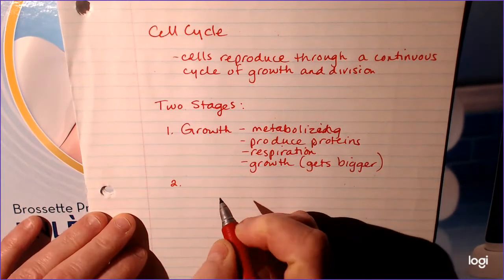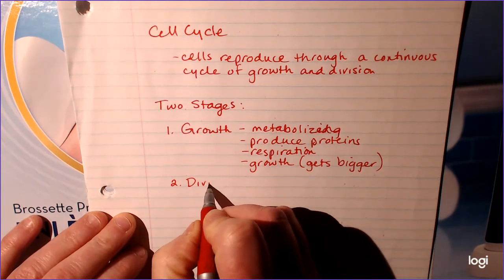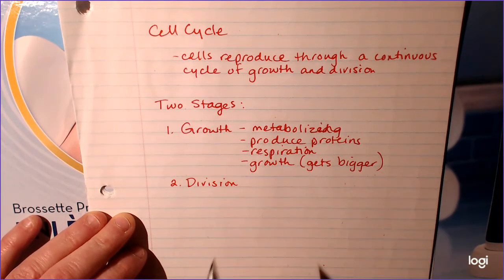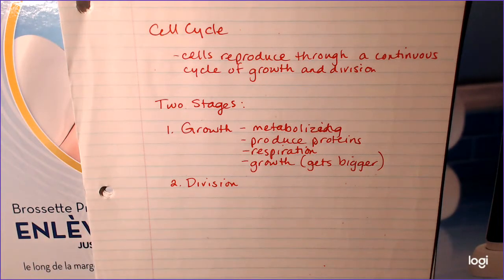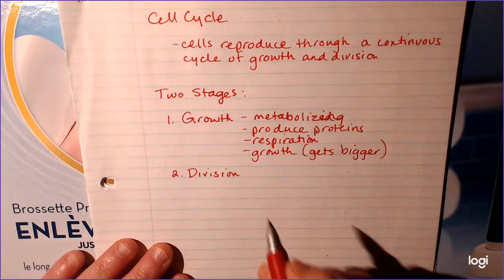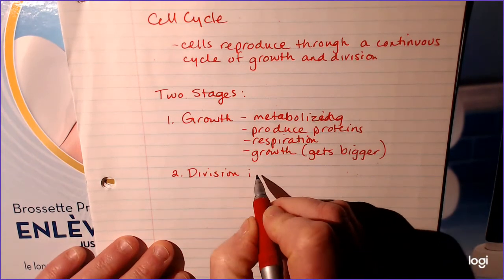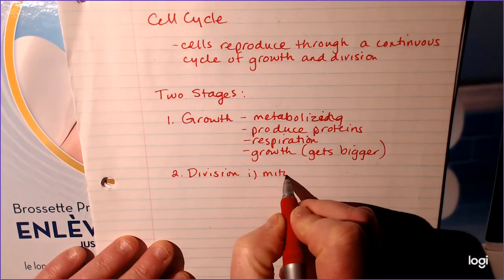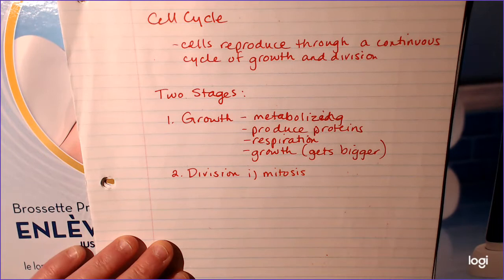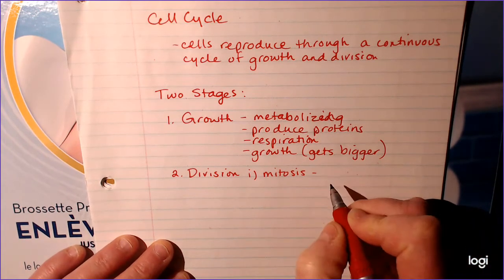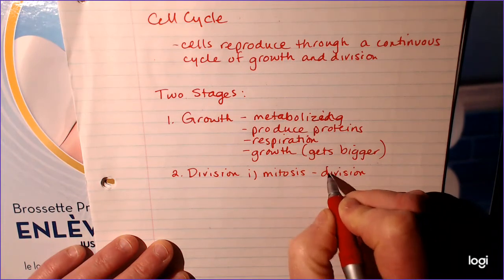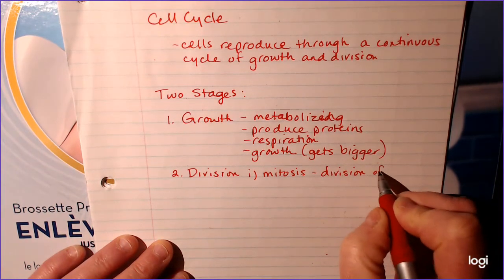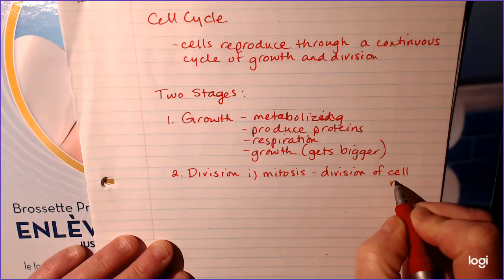And then the second is when we have our division. Okay, and there's going to be two parts to this cell division. The first part is what we call mitosis, and this is what we're going to get into. So mitosis is when the cell nucleus is dividing. Division of the cell nucleus.